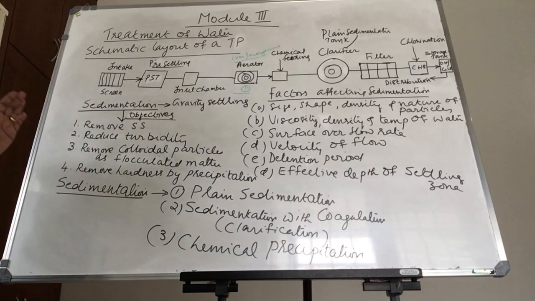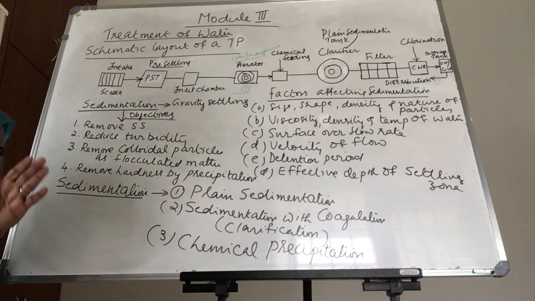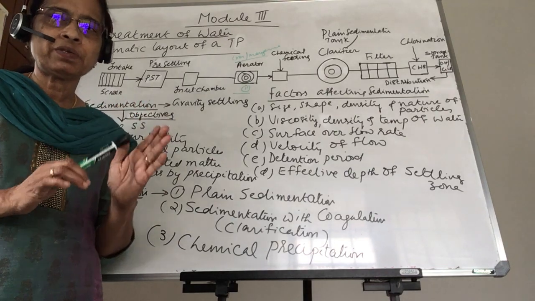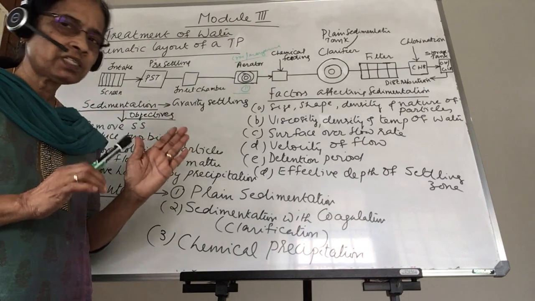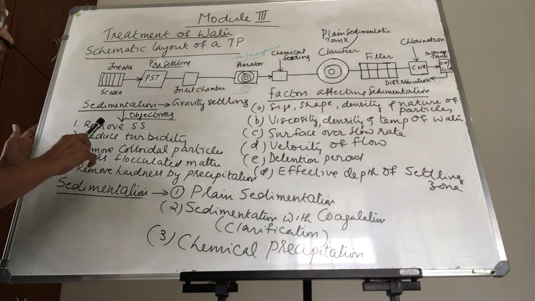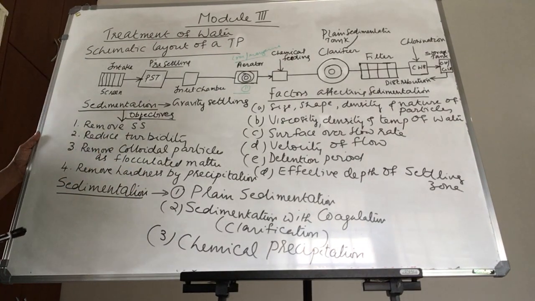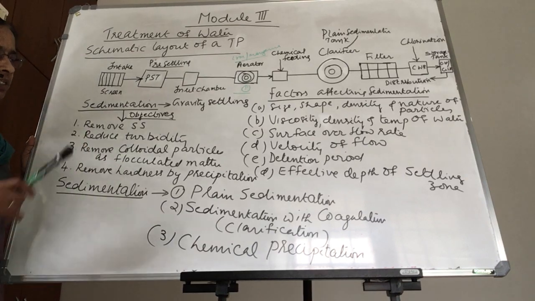Now coming to sedimentation. Sedimentation, as we all know, is gravity settling. Whenever we say sedimentation, it is plain sedimentation by gravity settling. Now, what are the objectives of plain sedimentation or gravity settling?